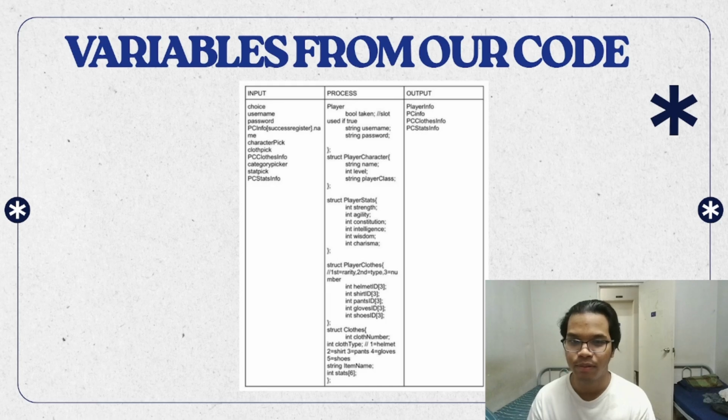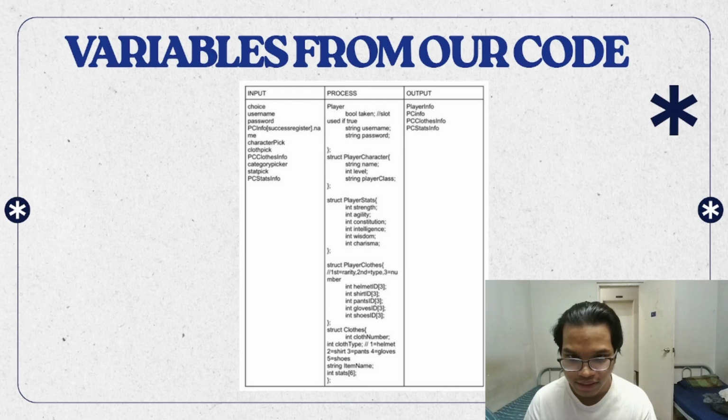Next, inside of process, we inserted player, bool taken for slot, use if true. We inserted both string username and password. Then, we inserted string name into label, string player class, inside of struct named player character, and int strength, agility, constitution, intelligence, wisdom, and charisma inside of struct named player stats.